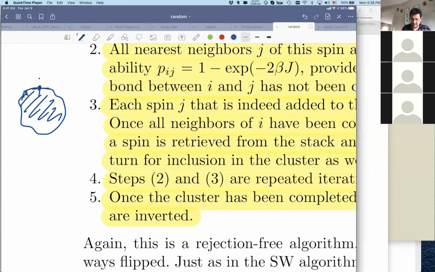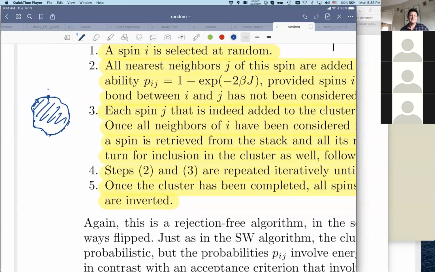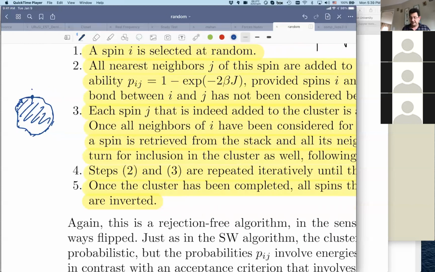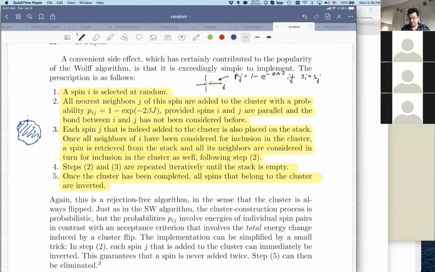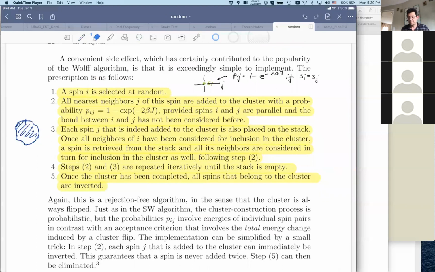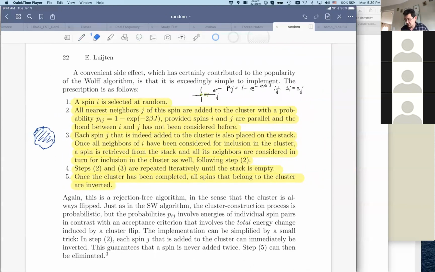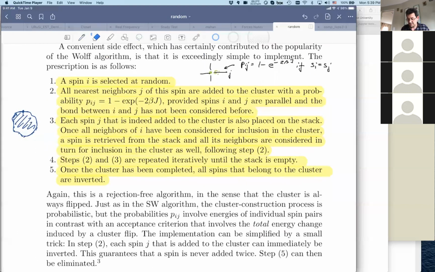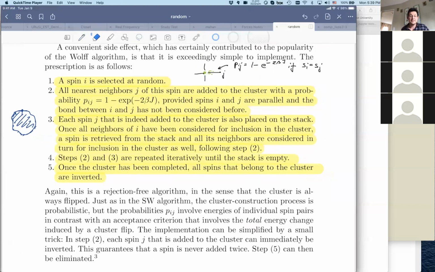Therefore, we are not going to add it. So when we go around, we try all configurations. We see that all the spins that we can still consider have the opposite or the wrong spin configuration. Therefore, we don't have anything to add to the stack, and the stack is empty. So we are done. In other words, once we exhausted the entire domain, the stack is empty.